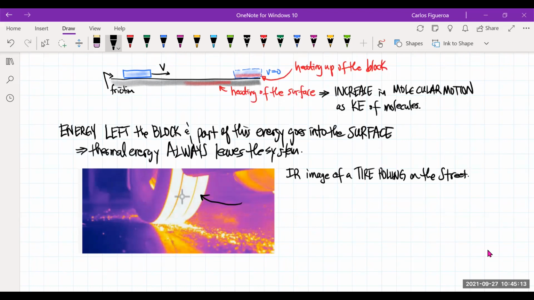So the tire is hot, which means the tire surface has increased molecular motion.